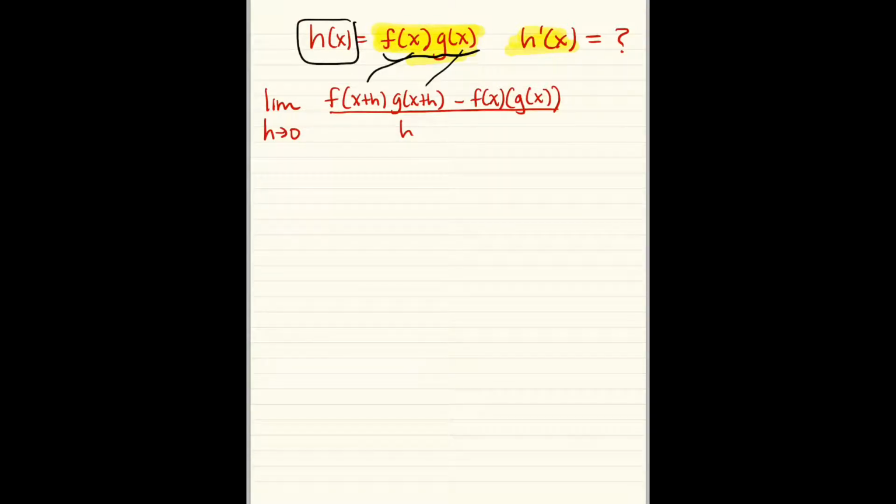Great. Now this is going to be tricky. I'm going to leave the limit as h approaches 0 out until the very end just because I'm not going to have enough room. So watch what I'm going to do here. Isn't it true that if you add something and then take something away, which is the same thing, you didn't change your expression or your equation?